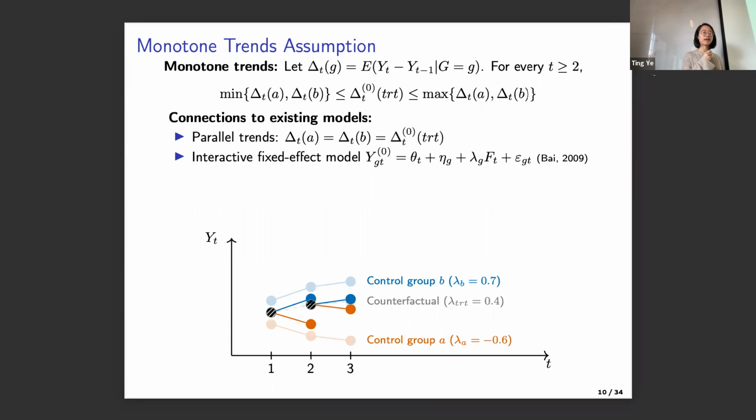And this has an interesting application: if we conceptualize this f t as the business cycle, which can fluctuate over time, and we're interested in how the minimum wage policy affects the employment level, then we can take two industries, one counter-cyclical and one cyclical to the business cycle. Then these two will provide bounds for the counterfactual treated group.